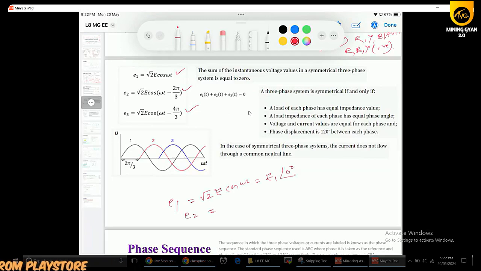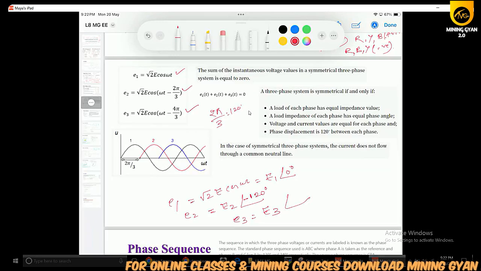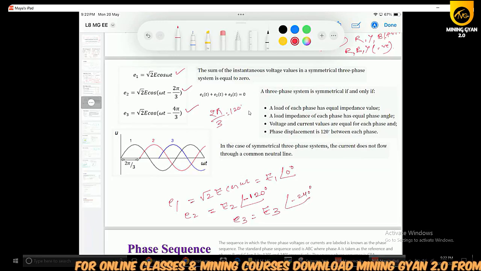Then E2 will be E2 RMS value at an angle of 2 pi by 3, means 120 degrees, so that will be at minus 120, and E3 will be what? E3 RMS value. Capital E3 is the RMS value of E3 voltage at an angle of minus 240 degrees.